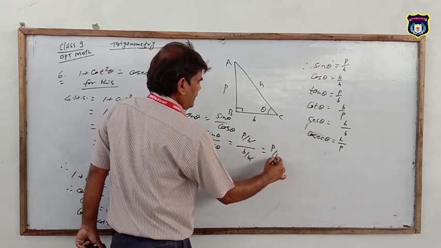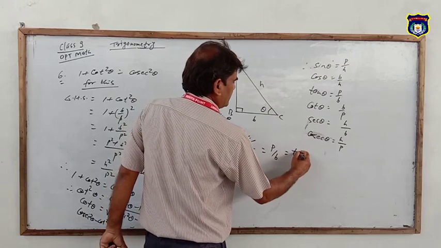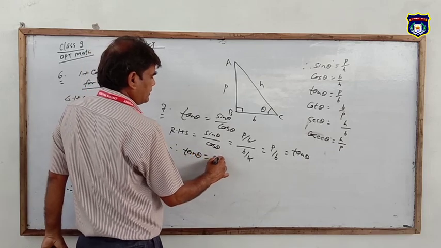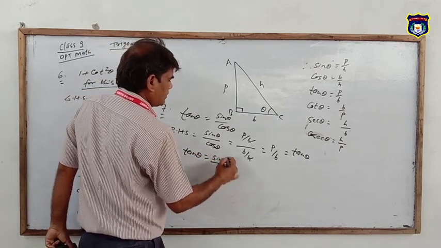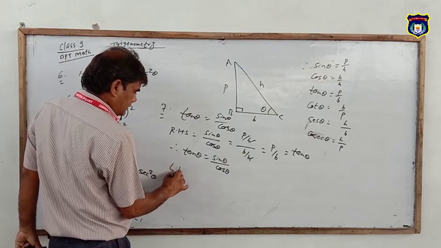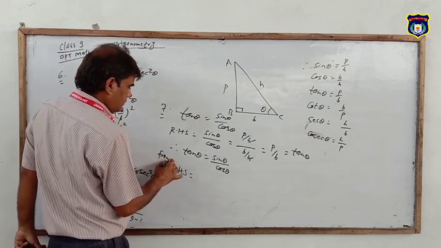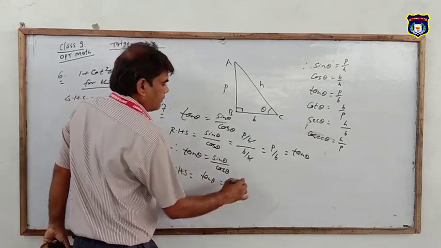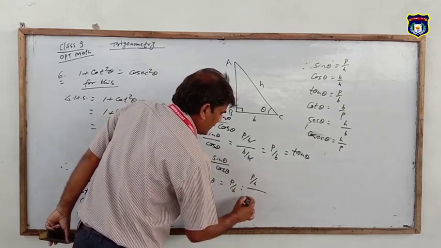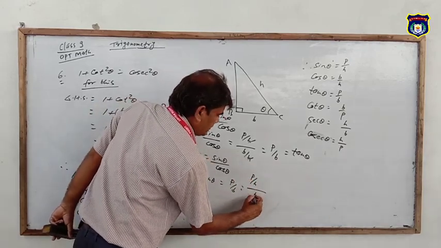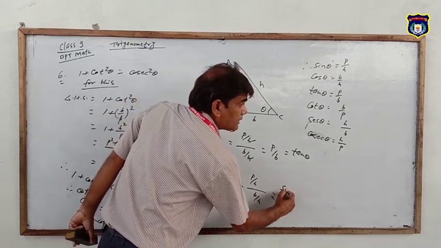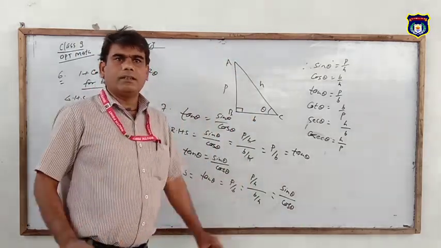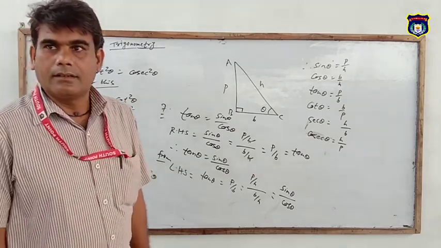This is P by B, which is equal to tan theta. Therefore tan theta is equal to sin theta by cos theta. From the LHS, tan theta is equal to P by B, and dividing by H on numerator and denominator, this is sin theta by cos theta. Tan theta is equal to sin theta by cos theta.